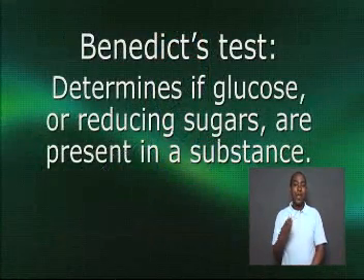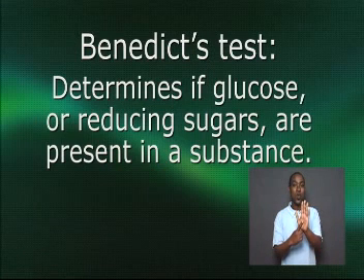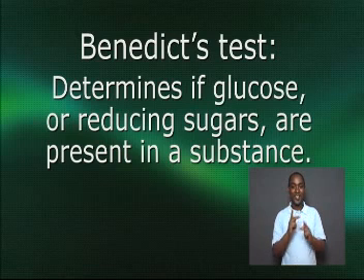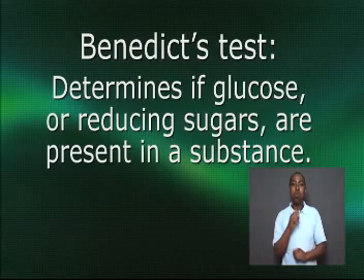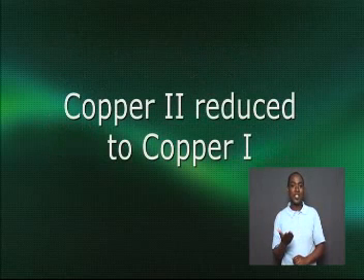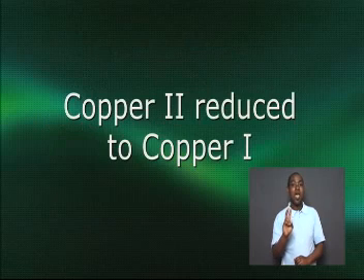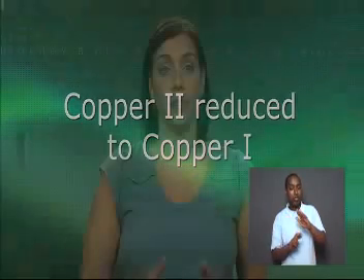Benedict's test is used to indicate the presence of reducing sugars. In this test, if glucose is present in the substance, copper-2 ions are reduced to copper-1 ions.